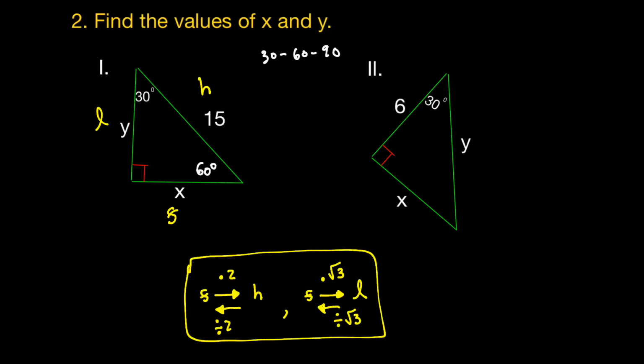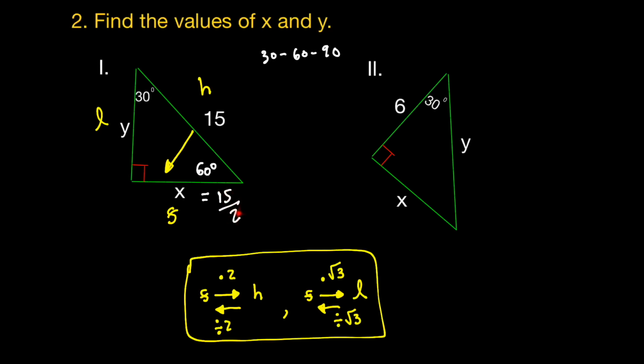So here's an example. For part 1, they give us 15. So we have H. Since we have H, we can get the small length by dividing the hypotenuse by 2. So here, I have H, and I'm going to travel to the small length by getting 15 and dividing it by 2. So x is going to equal 15 over 2.